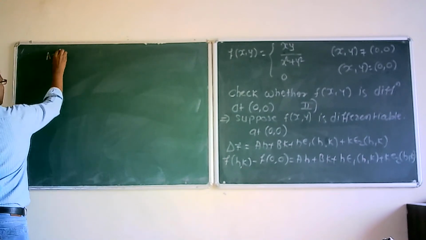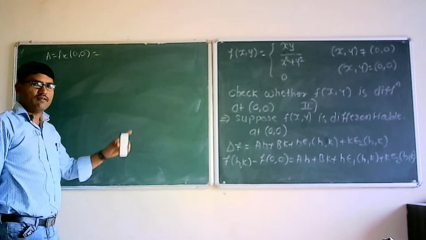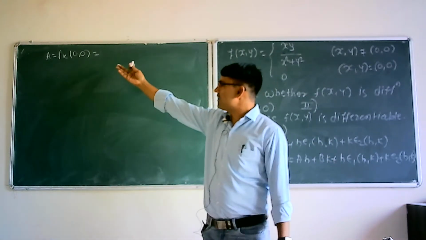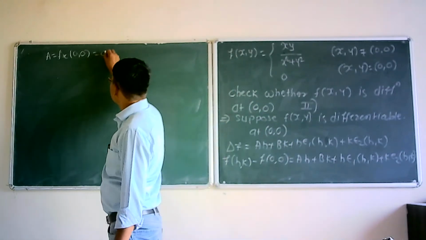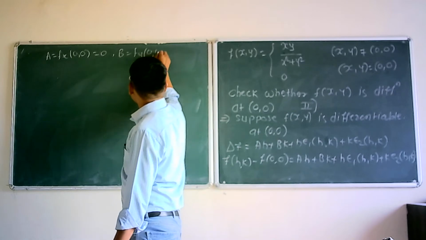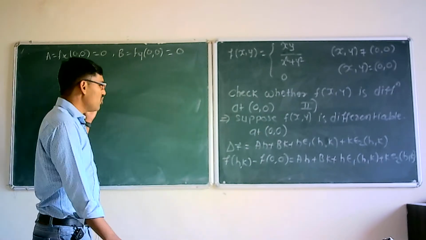Already in the previous step, while applying method number 1, we found the value of f of x 0 0 and it is equal to 0. Similarly, b is equal to f of y 0 0, which we have also obtained, and it is also equal to 0.